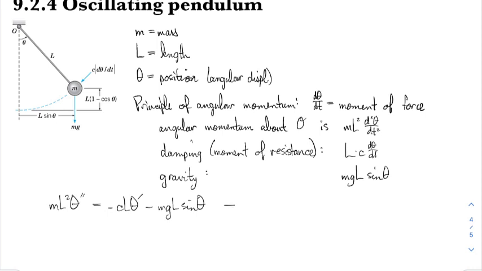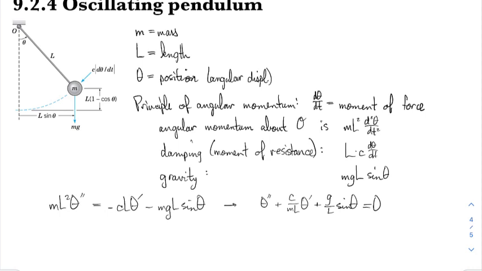And then dividing through by ml squared and moving the negative terms over to the left, this becomes theta double prime plus c over ml theta prime plus g over L. Whoops, sorry, that's a sine theta. G over L sine theta being equal to 0.